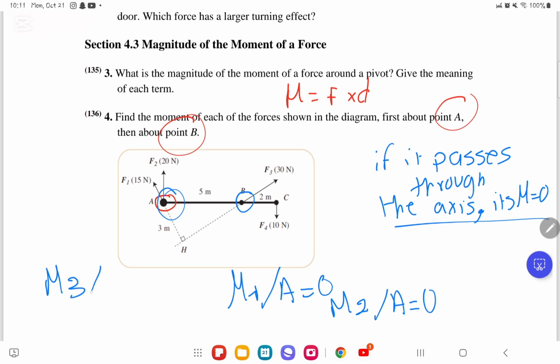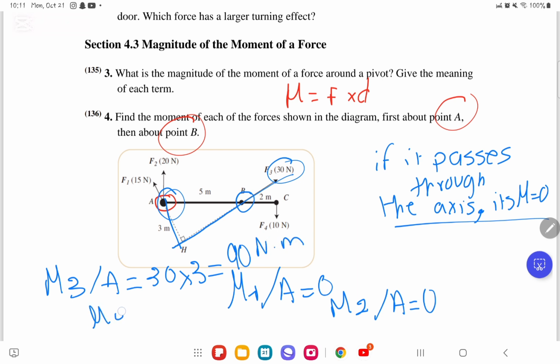Moment 3 about A is the force, which is 30 newtons, multiplied by the perpendicular distance. To find the perpendicular distance, we're going to elongate it, and here it is given, so it is 3 meters. So 30 times 3 meters is 90 newton meters. Now the moment of force 4 about A: it has a magnitude of 10 and a distance of 7 meters.